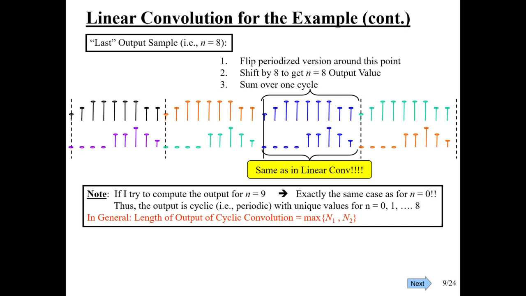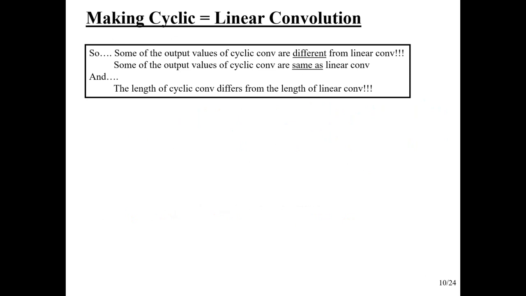So there's a lot of things going wrong. So this seems to say that our hope of doing this DFT-based FIR filtering, or in other words, computing convolution using FFT or DFT, maybe won't work. But we have to see if we can fix this.